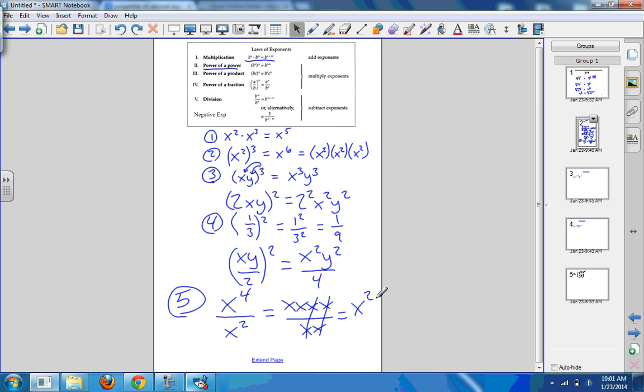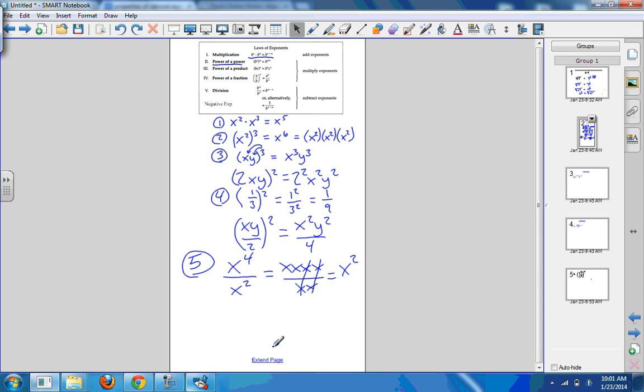Alright, the last one I have then, I'm going to erase this. There we go. The last one I have then is a negative exponent. If I have something to the negative power, let's say 3 to the negative 1 power. This is the one that tricks up most people.